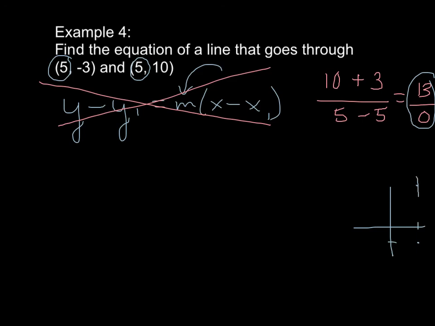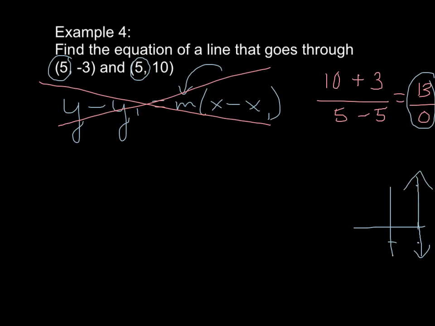And you can see that that creates a vertical line. And the thing that vertical lines all have is every point here on this line has the same distance over. No matter where I point on this line, every point is 5 units over.